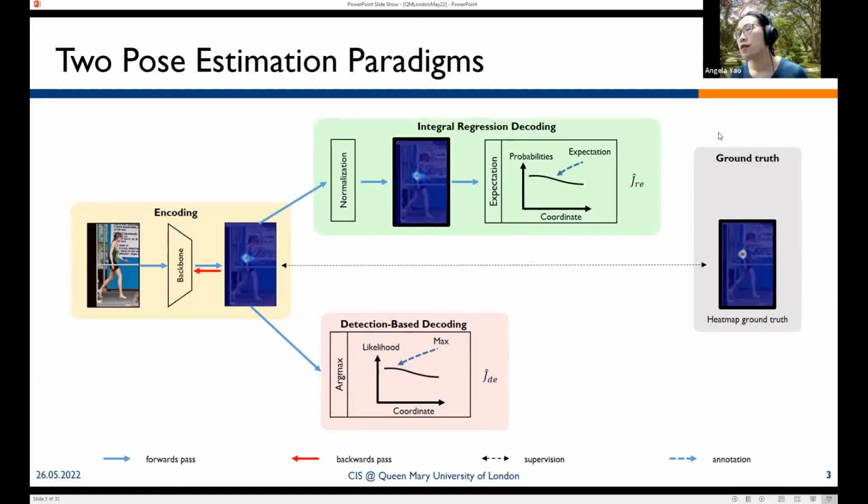The other alternative, in the case of integral regression, is you also have the ground truth coordinates, and then you can impose a loss directly on this resulting joint J hat versus the ground truth coordinates. And so here, because all of these operations are differentiable, we can do a backwards pass and pass gradients all along back to the original backbone.